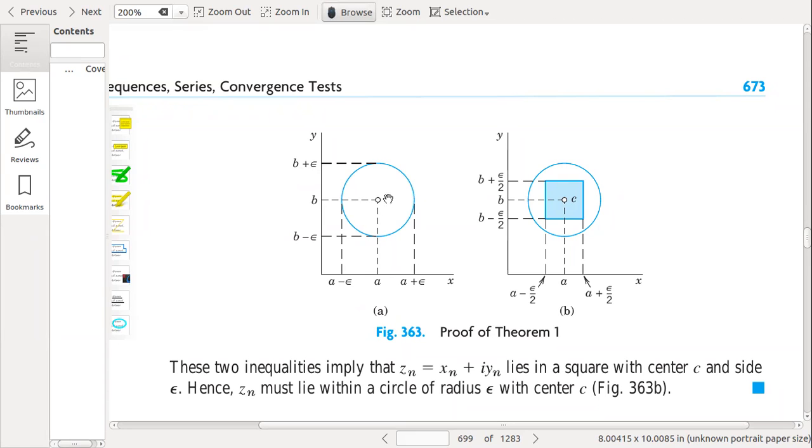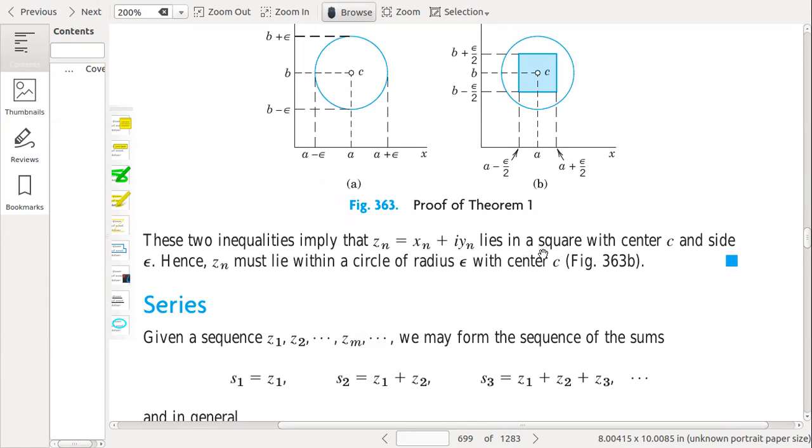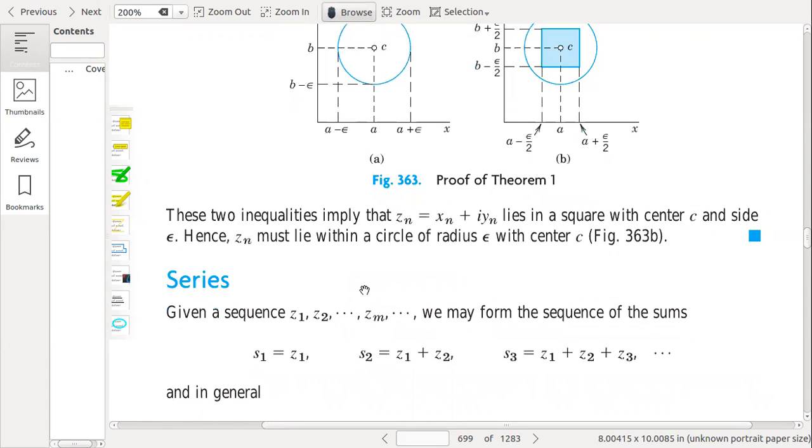Within this disk, if we have a small interval, then we can define A plus epsilon by 2, B plus epsilon by 2, A minus epsilon by 2, B minus epsilon by 2. So these two inequalities imply that Zn equal to xn plus iota yn lies in a square with center C and side epsilon. Hence Zn must lie within a circle of radius epsilon with center C.